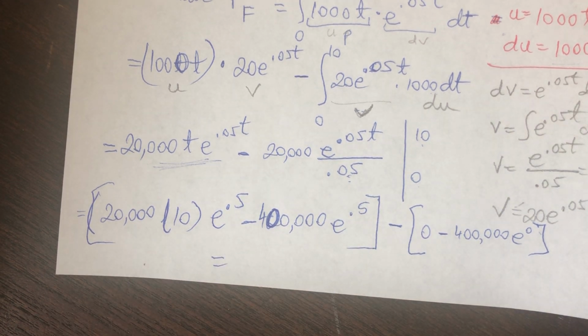So that's 200,000 times e to the 0.5 minus 400,000 times e to the 0.5. Minus minus is a plus 400,000.